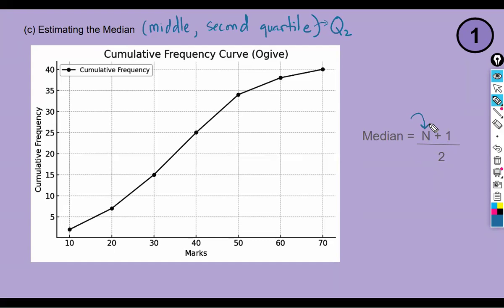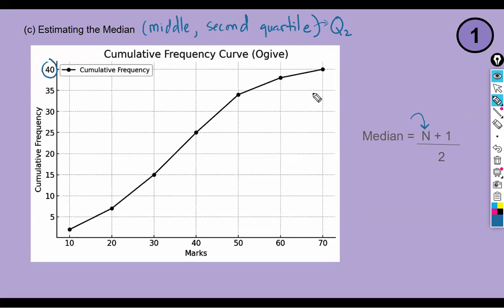How many people took this test? Because I think we're measuring the marks in a test. How many people were involved in this test? 40, right? That's usually the highest value on the y-axis, or the last value in the cumulative frequency.